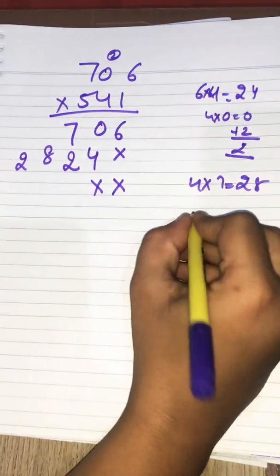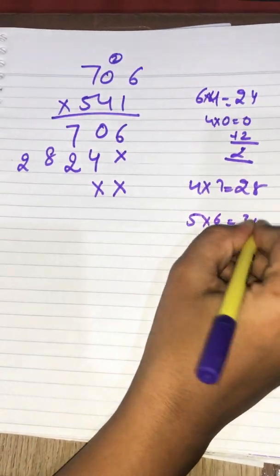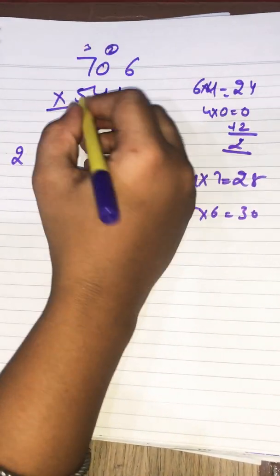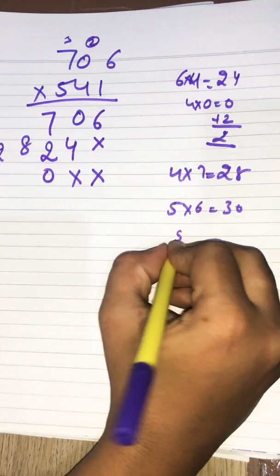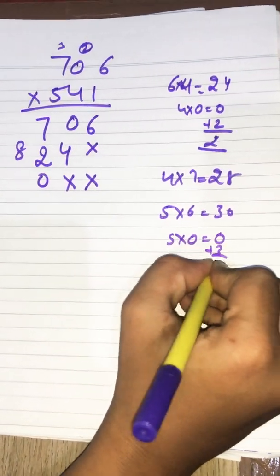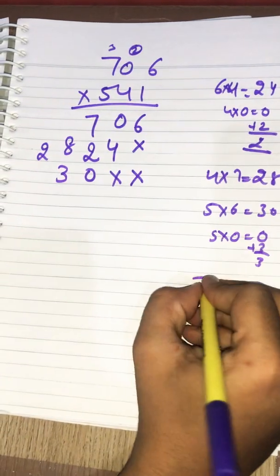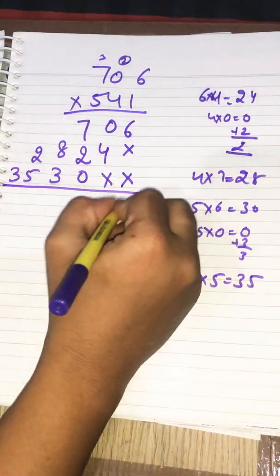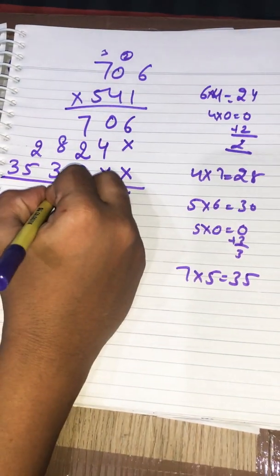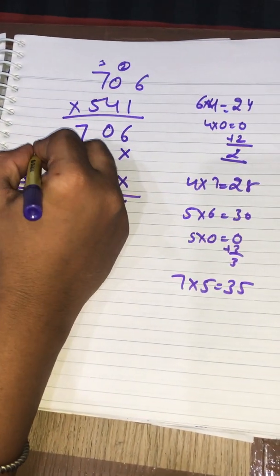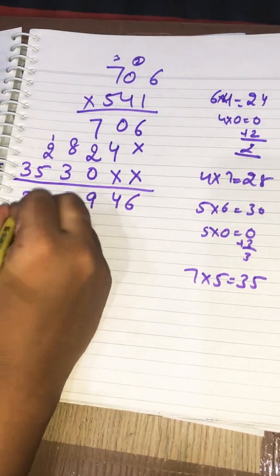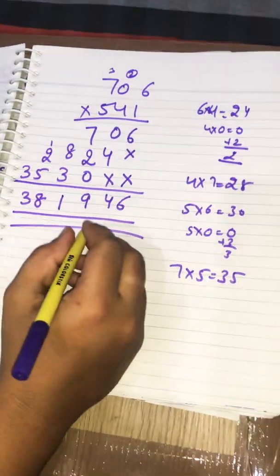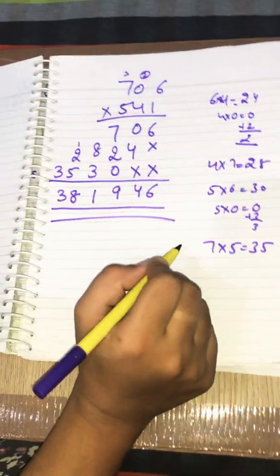Now 5 into 6, 30; 5 into 0, 0 plus 3, 3; 7 into 5, 35. Now we add: 6, 4, 9, 8 plus 3, 11, 5 plus 2, 7 plus 1, 8 and this 3. 381,946 is your exact answer.